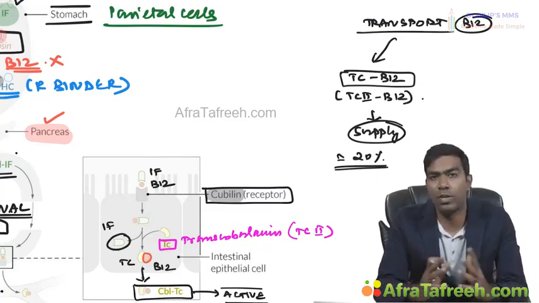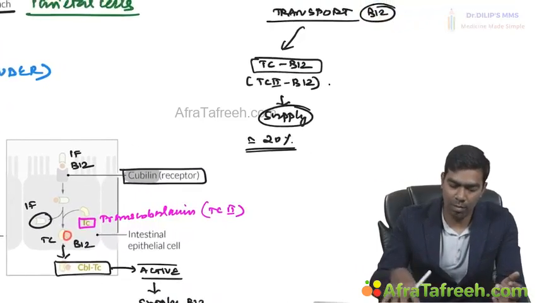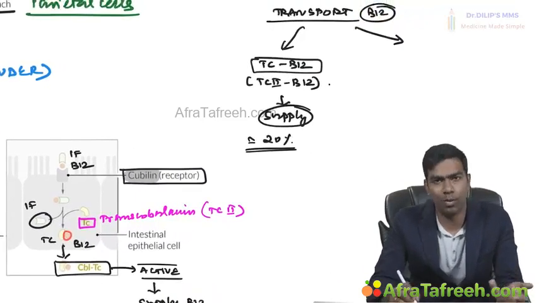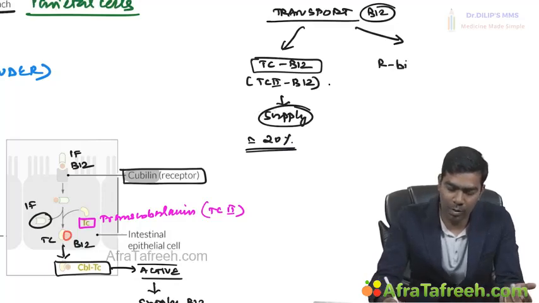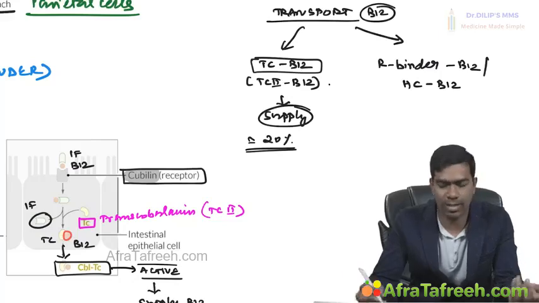This contributes only 20% of the circulating B12, but most of the B12 in the plasma, in the blood, is going to be circulated in the form of R binder once again. R binder B12 complex, or simply haptocorrin B12 complex, both are the same.